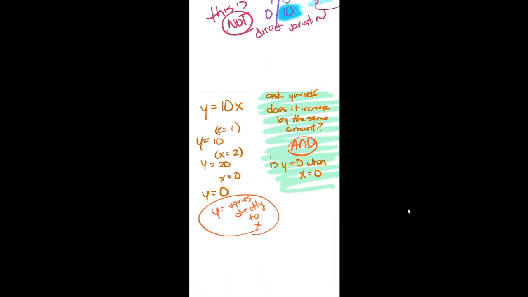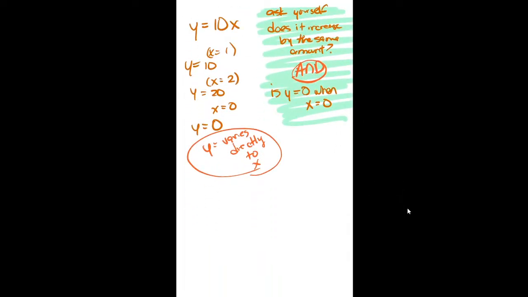Okay, let's have another example of when it doesn't. Y equals 10x plus 10. You know why? This part right here. Notice that when x equals 1, y will be 20, and when x equals 2, y will be 30.